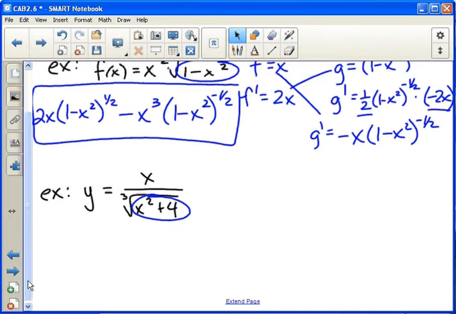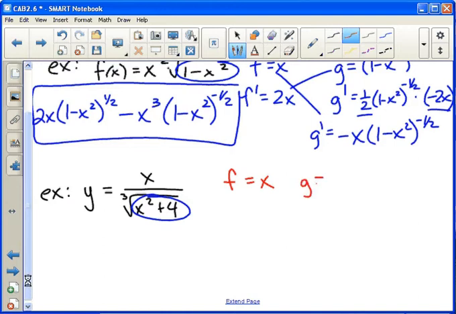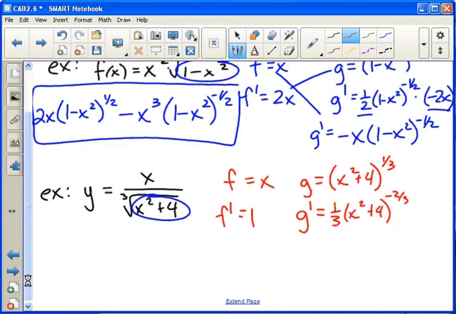So f will be x, g will be x squared plus 4 to the 1/3. F prime is 1. G prime, we have to use the chain rule. Derivative of the outside times the derivative of the inside. Go ahead and simplify the 1/3 times the 2x and get 2/3 x times x squared plus 4 to the negative 2/3.